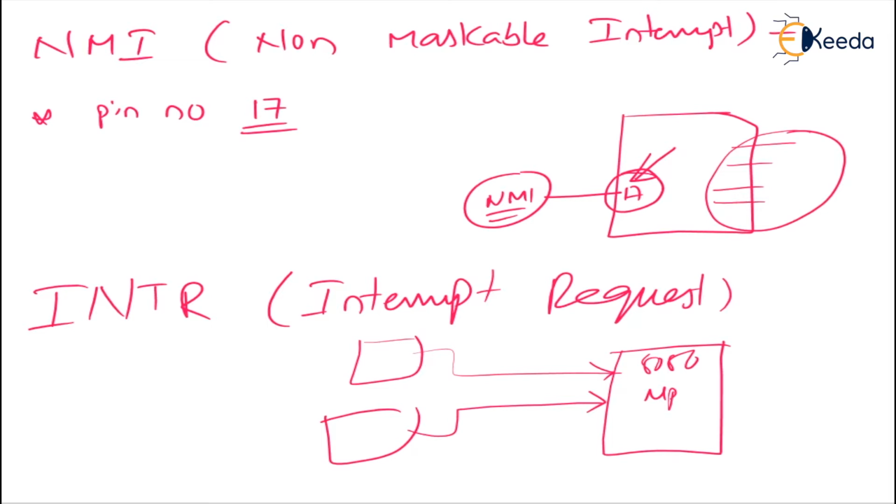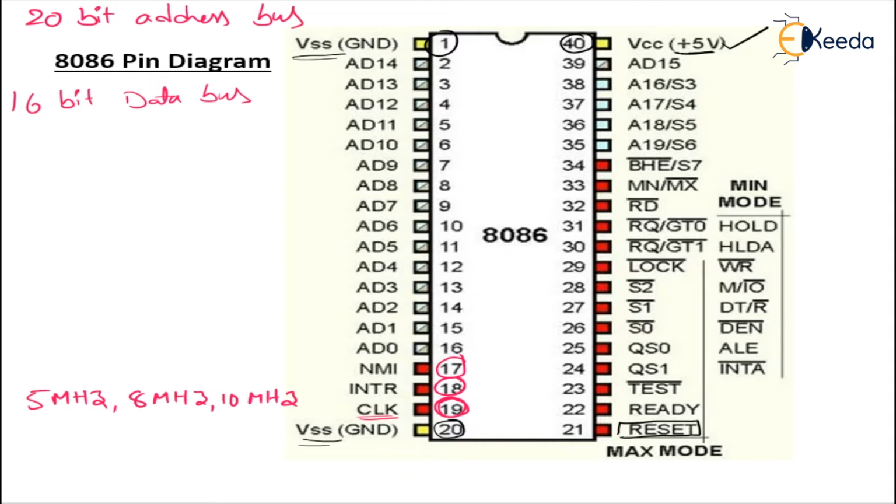Dear students, please pay attention, this is very, very important, right? Now coming to the address and status bus. This is called the multiplexed bus. What are the multiplexed pins?